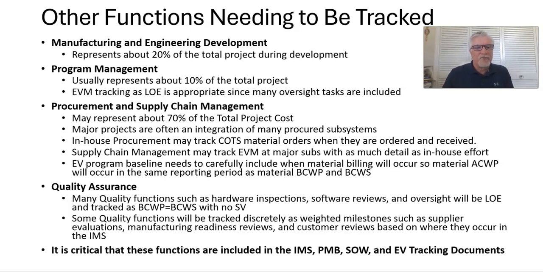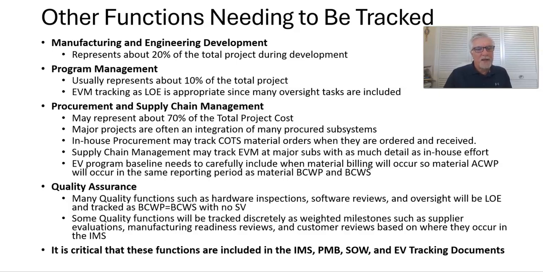This is very interesting because it means that everything you've seen in these lessons up to this point is only 20% of the total project on a typical development program. So we've discussed that, but let's now go into other functions that need to be tracked that make up the other 80% of the project.